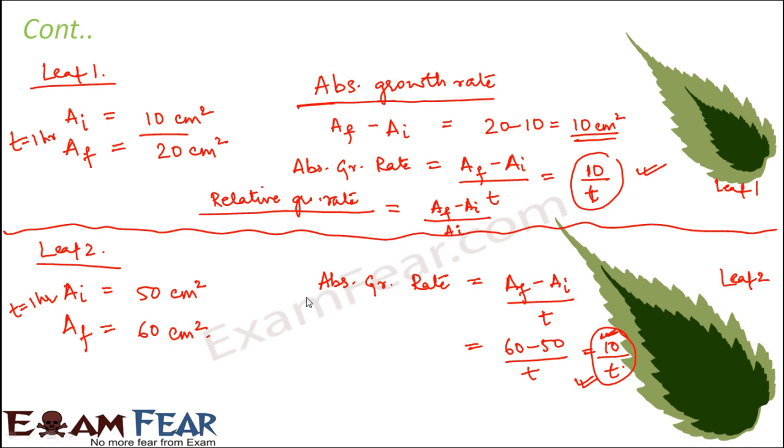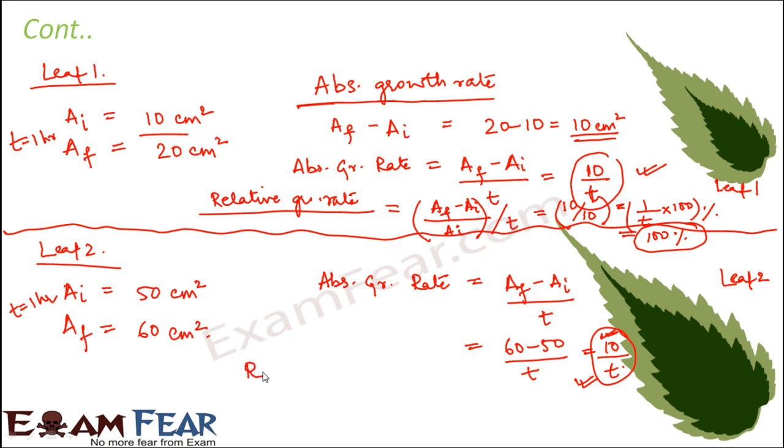So this will be divided by AI, that is the initial area, per unit time. So what will be the answer? AF minus AI is 10 divided by 10. So this is equal to 1 per unit time. If you want to calculate it in terms of percentage, you have to multiply it with 100%. So 100% would be the relative growth rate.